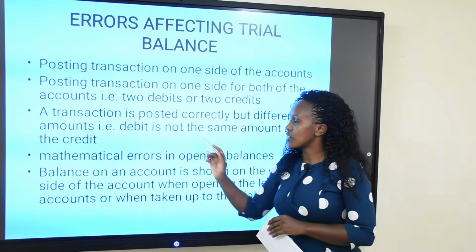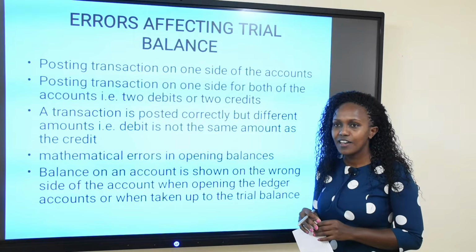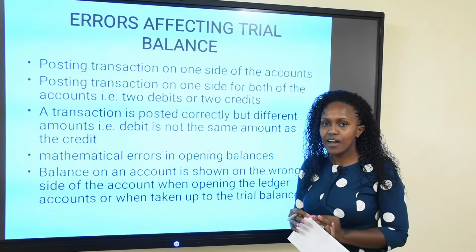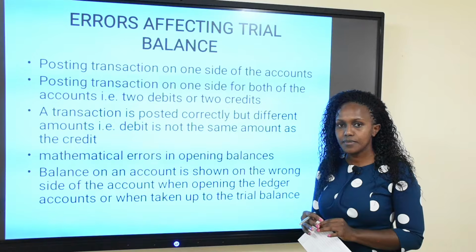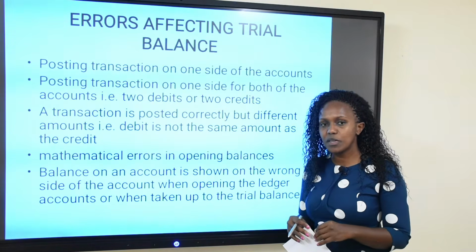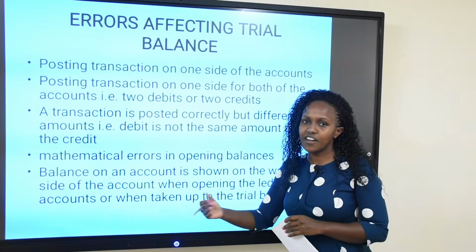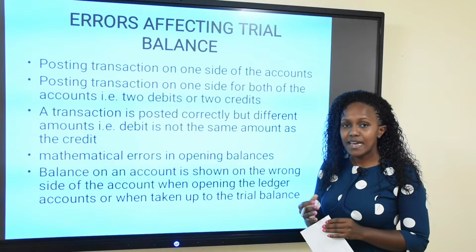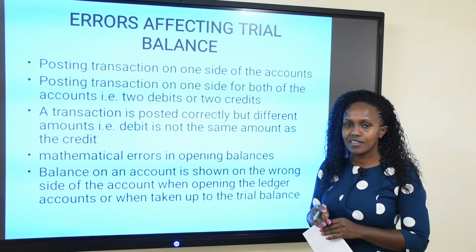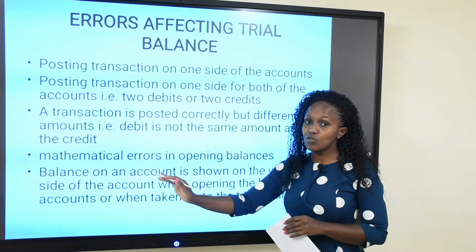Another one would be a transaction that is posted correctly but with different amounts. So again, you purchased goods for shillings 300 by cash. You paid by cash. Therefore, you're supposed to debit purchases 300. You go to cash and credit 300. But now, by error, you debit purchases with 3,000, adding there a zero. Then going to the credit, you do it correctly.